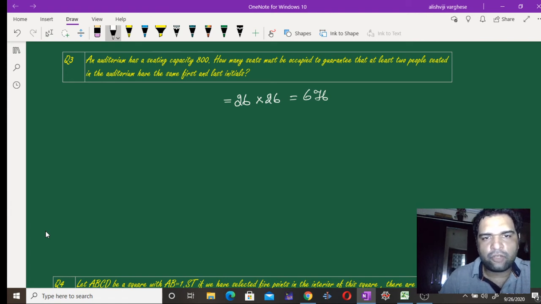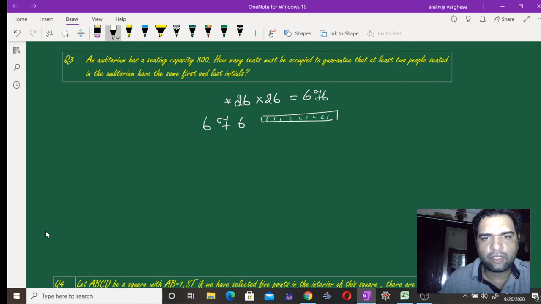Now, to ensure that there are at least 2 persons with the same initials, let us consider the pigeonholes as the different initials. That is, there are 676 initials, and they are the pigeonholes. 676 pigeonholes are there.